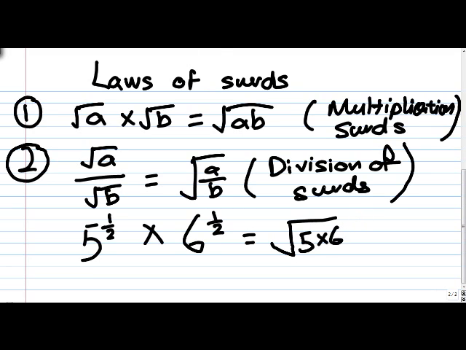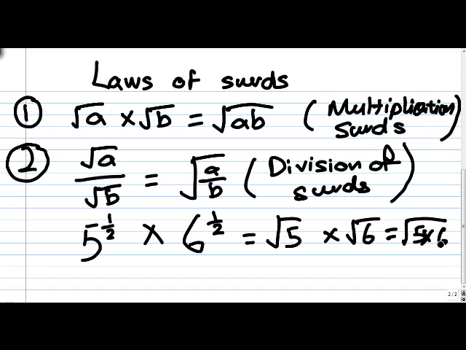Let me not skip steps. Square root 5 times square root 6, you get square root 5 times 6, and then your answer will be square root 30.